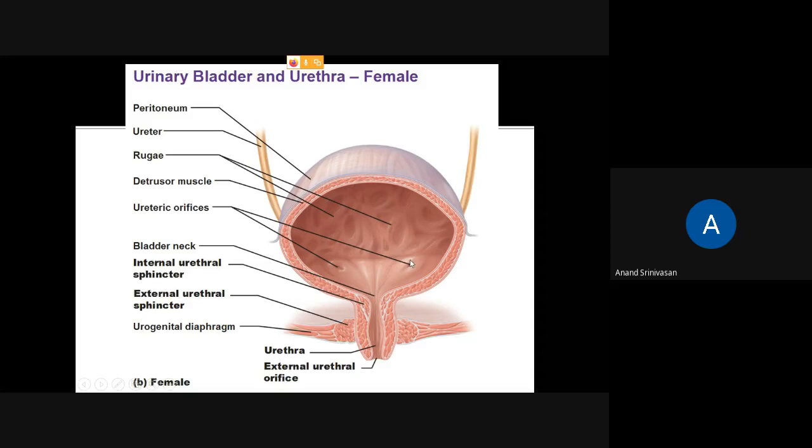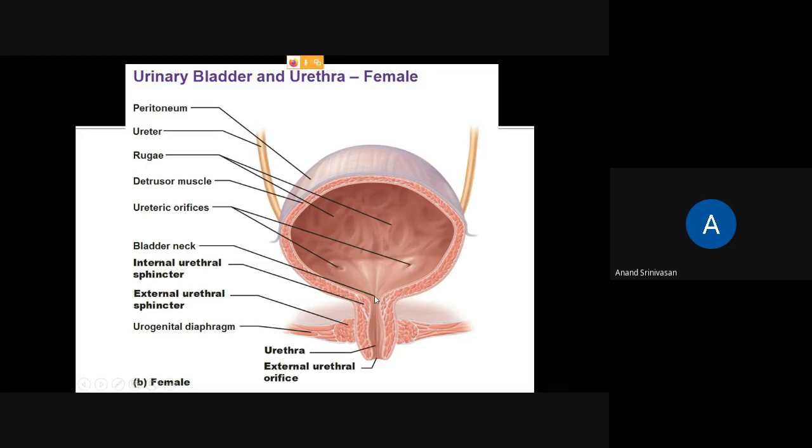What are the reference points for the trigone? Here you can see two openings on the top of the trigone. These are the ureteric orifices, so the ureter opens here, on the top of the trigone of the urinary bladder.